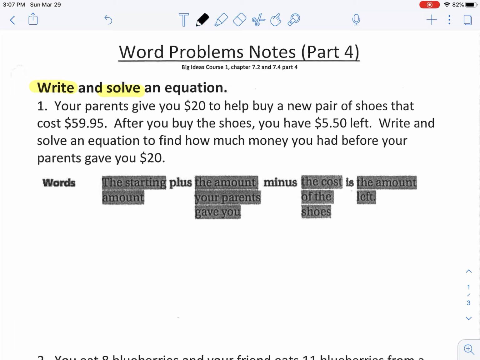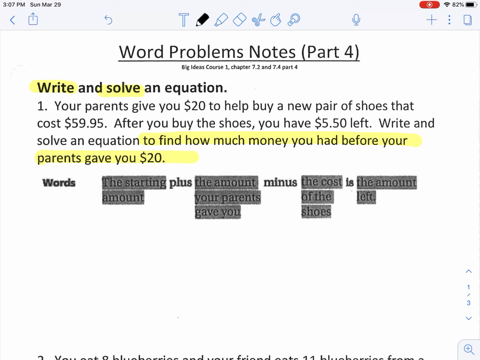So something that we're going to start expecting is that we are going to define the variable like we would define a word in the dictionary. We can also define variables to let people understand what they stand for. So the variable is going to come from the question being asked. Write and solve an equation to find how much money you had before your parents gave you $20.